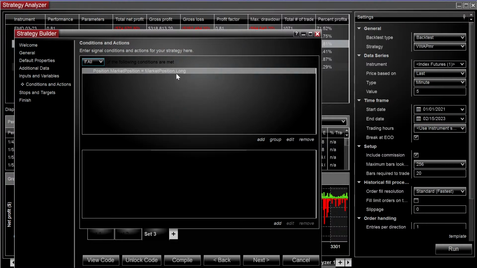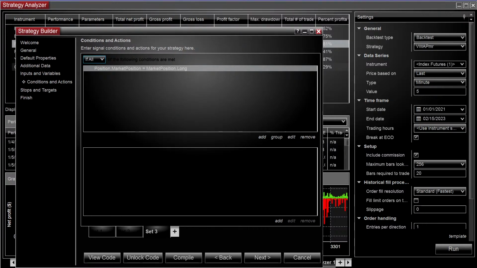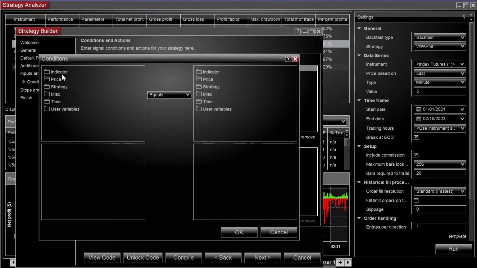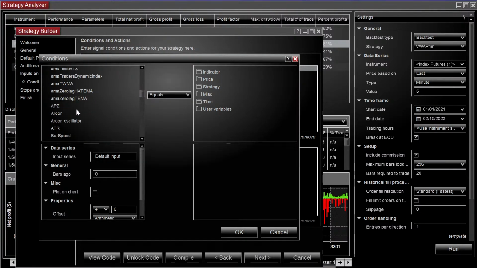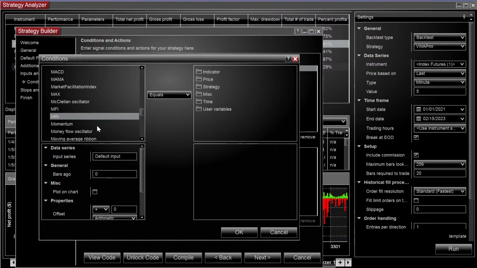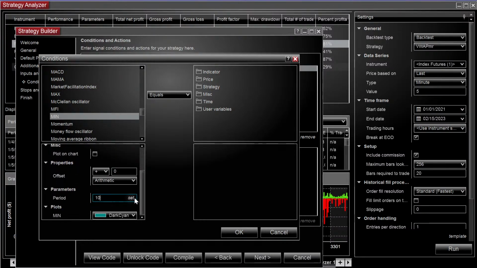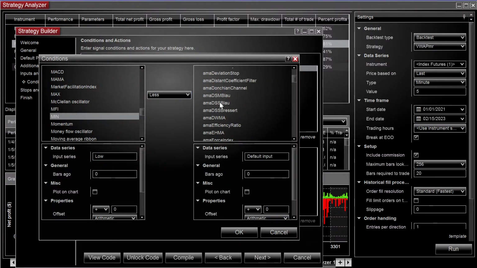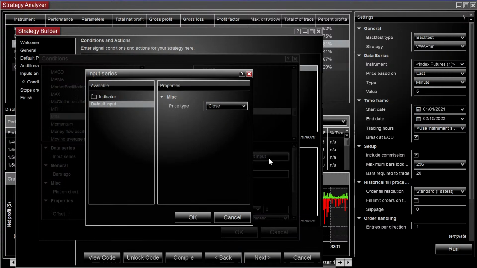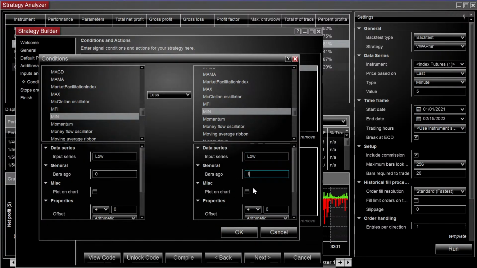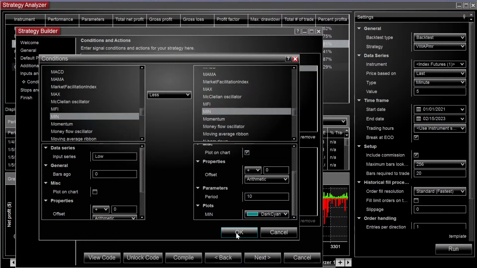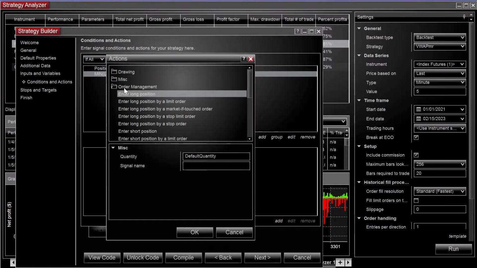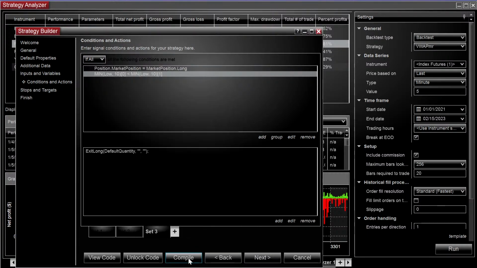Let's say we're long, and let's use the previous low. So minimum 10 period low is less than the 10 period low one bar ago. Exit long.